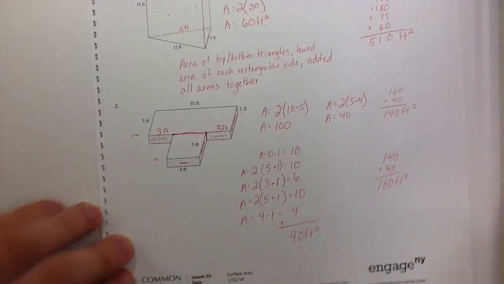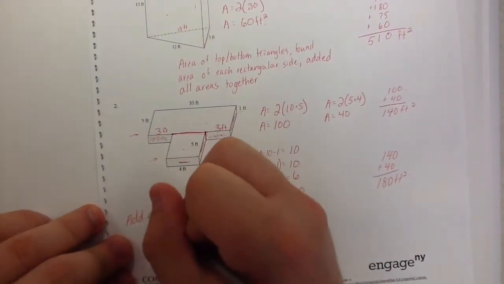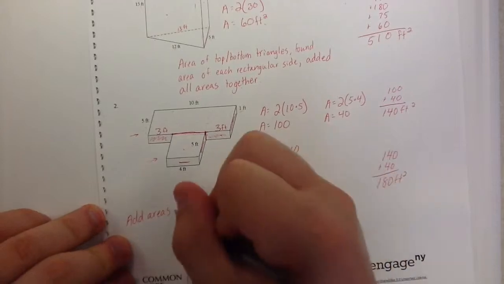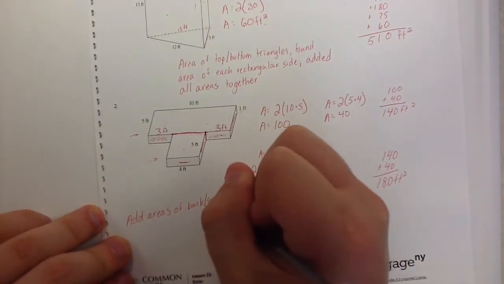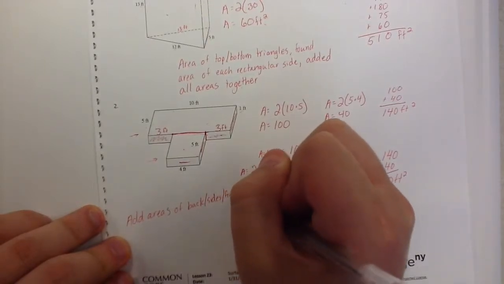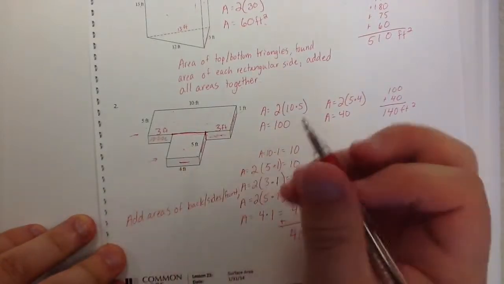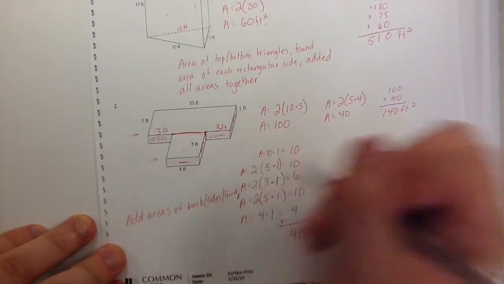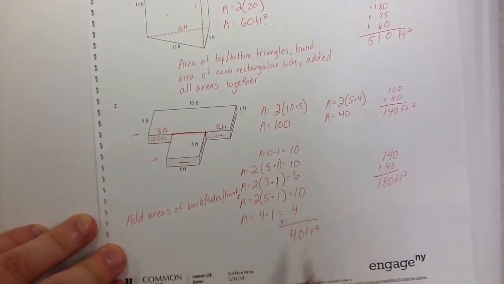Okay? So to write our sentence, we added up the areas that we found of the back, the sides, and the front. We added areas of the back, sides, and front, right here.